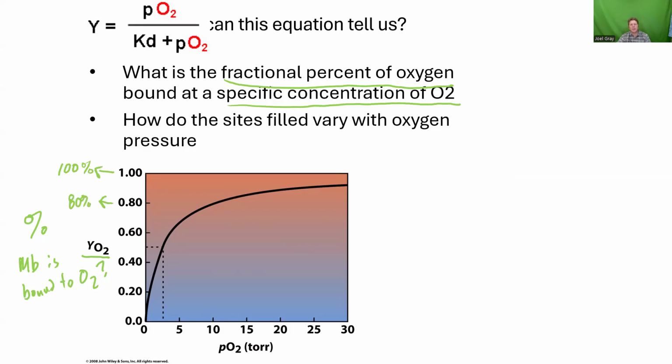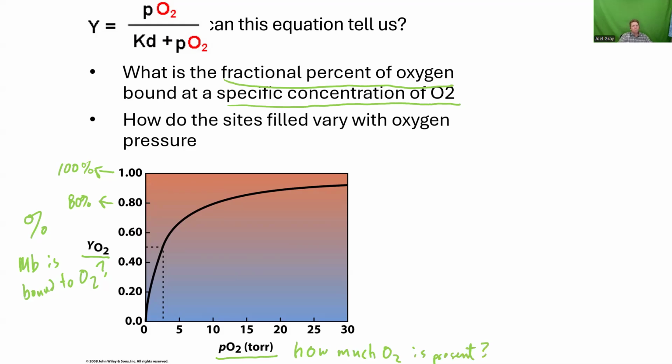Now, in order to read this graph, we also need to know what the x-axis shows us. The x-axis shows us the O2 concentration, or another way of looking at it is how much O2 is present in that environment.